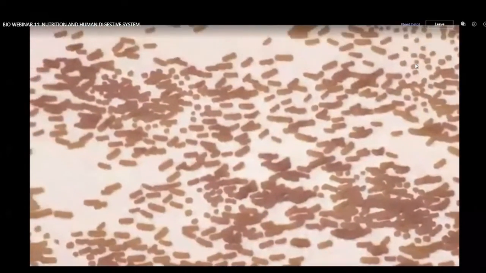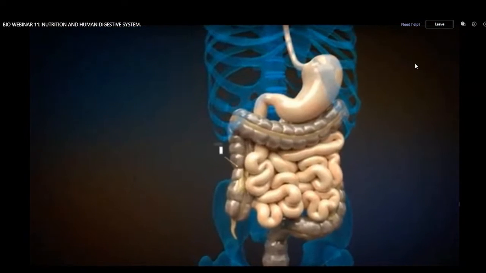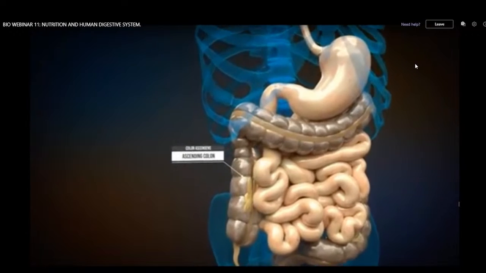They are important for many other tasks, such as the production of vitamins and the decomposition of fiber for the body's energy production. Many of these bacteria are an important part of the immune system by killing harmful germs.